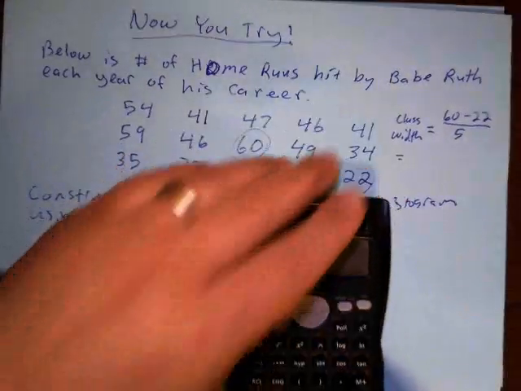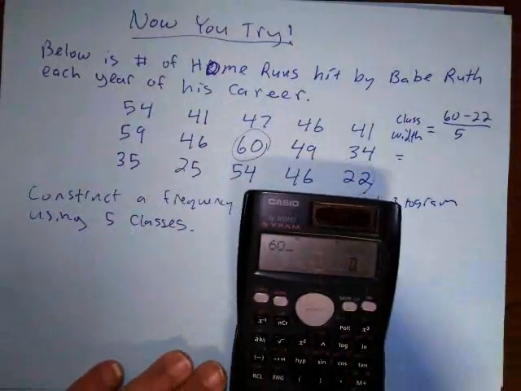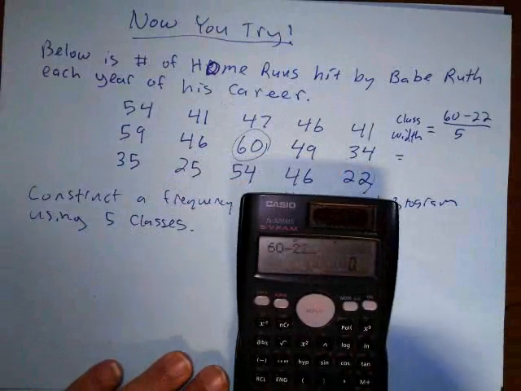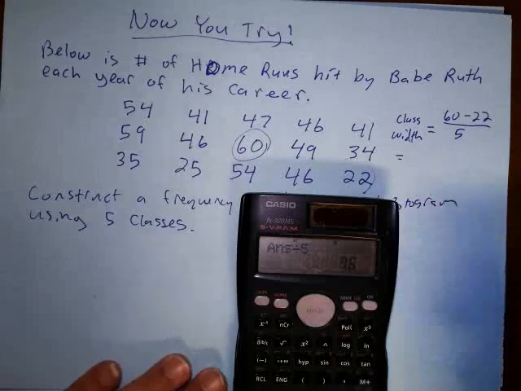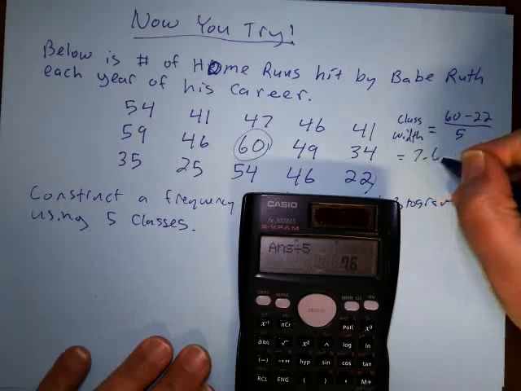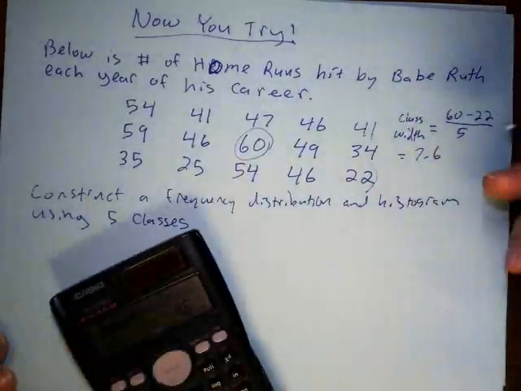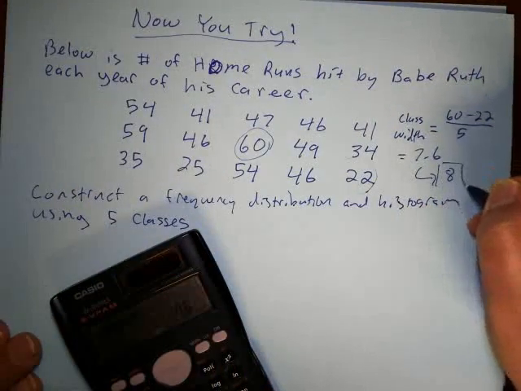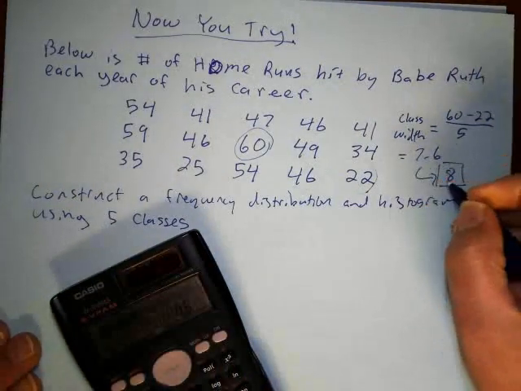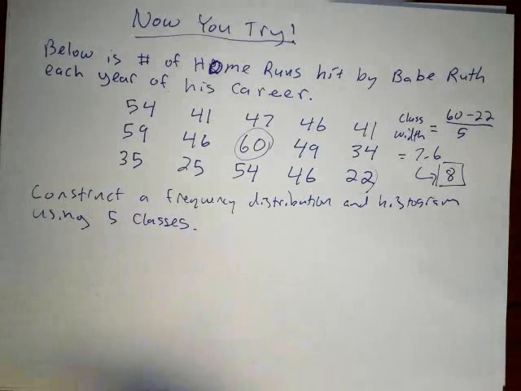Get my calculator. So 60 minus 22 divided by 5, and I get like 7.6. Okay, but I'm going to want to round that up. In this case, I would normally round it up to 8, but this is where you always round up. So my class width will be 8.